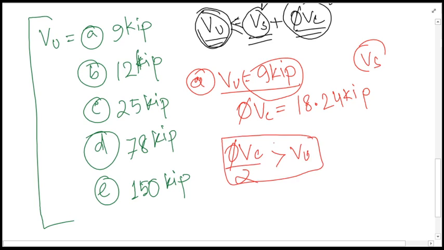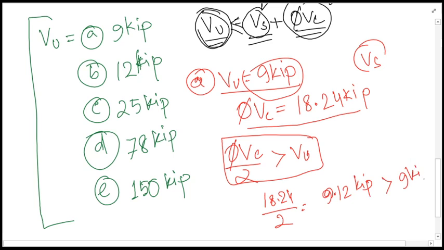Even half of 5VC must be checked against VU. So let's check: 5VC, that is 18.24, divided by 2 gives you 9.12 kip, and that is again greater than 9 kip, the VU we have seen here.